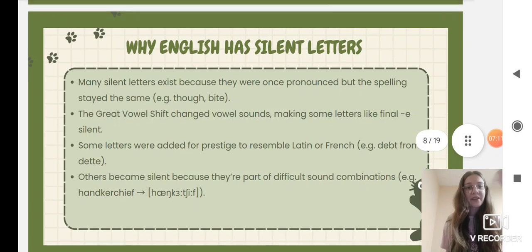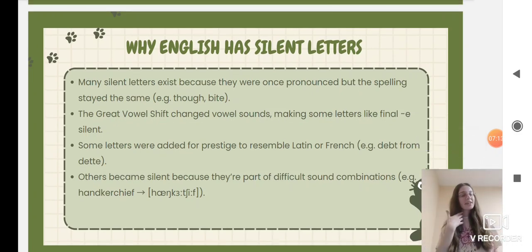And our next topic is why English has silent letters. We have some reasons for this. The first reason is that many silent letters exist because they were once pronounced, but the spelling stayed the same. For example, at the very beginning of history, tough wasn't pronounced like we pronounce it nowadays.